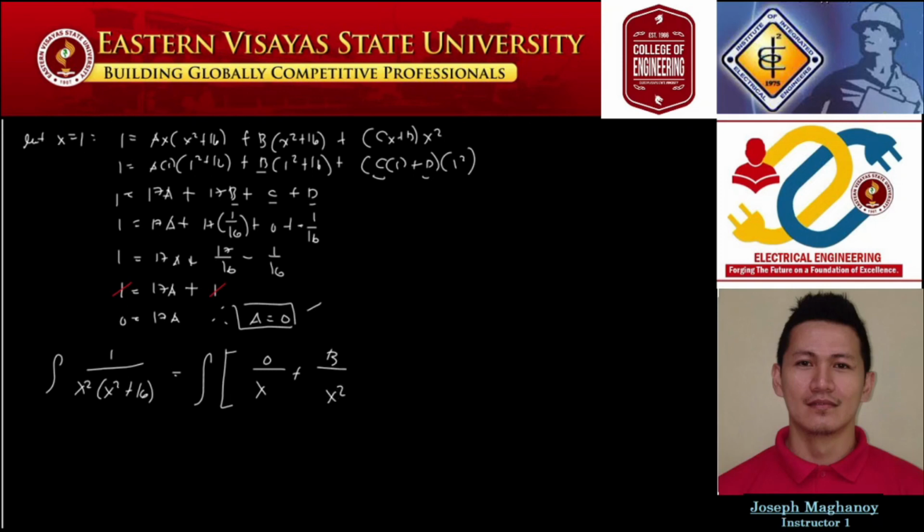So we replace already with the value since we already know. So what is the value for our b? That is 1 over 16 plus c. What is our c? 0 x plus what is our d? Negative 1 over 16 over x squared plus 16 dx.